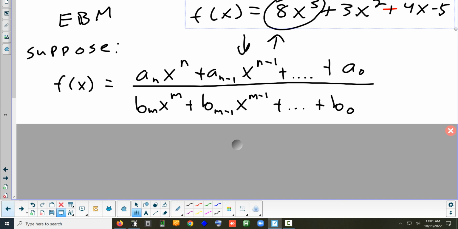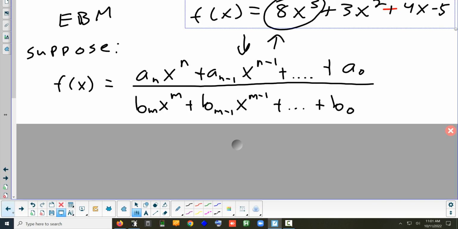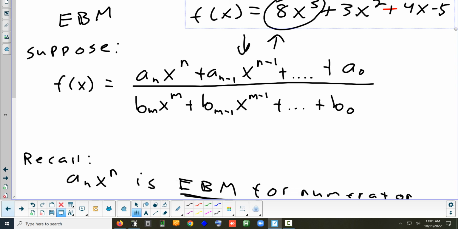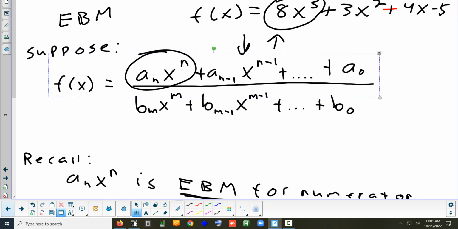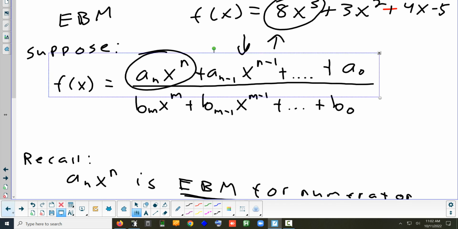Well, what we're going to do now is look at something like this. I want to find the EBM of a rational function. To find the EBM of a rational function, you take the EBM of the top. This is the term with the highest exponent, the way I wrote it, because the exponents go down each time.